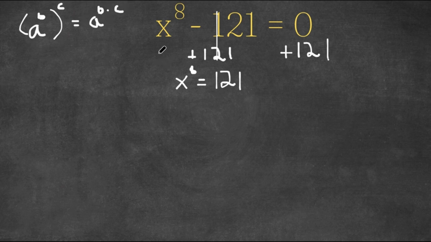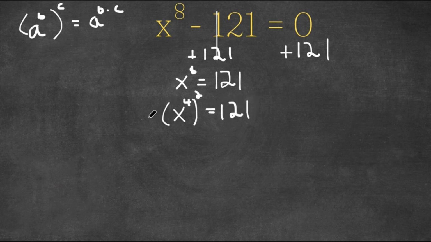So we're going to change our x to the power of 8 so that it is in this form, a to the power of b to the power of c. So we're actually going to change this to x to the power of 4 to the power of 2, because 4 times 2 is 8, and that's x to the power of 8. And this is equal to 121.